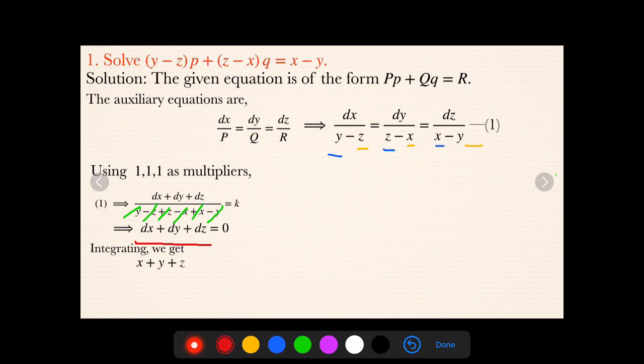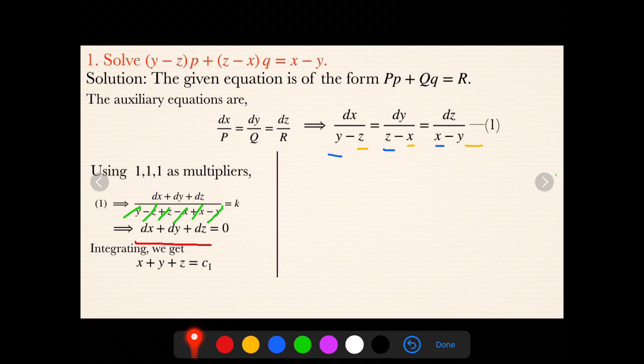So we integrate: the integration of dx is x, dy is y, and dz is z, equal to the integration constant c1. Now try to find the second multiplier. Since we already took 1, 1, 1 as a multiplier, don't go for 2, 2, 2 or 3, 3, 3 like that. You have to get two different expressions.